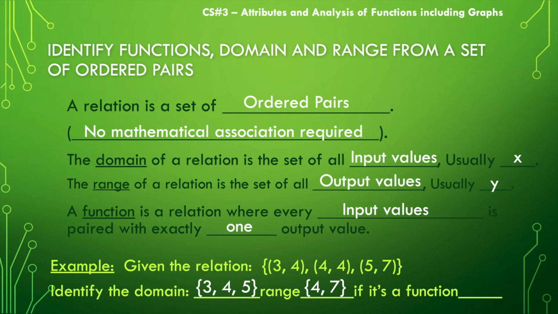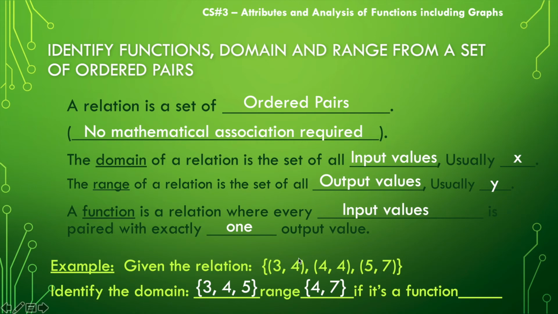When we use those curly braces, all we're doing is having a list of numbers. It's like a shopping list. If you had two recipes that both called for milk, you wouldn't put milk on your grocery list twice. You would just put it there once. And it's the same kind of thing here. Now, we want to know if this is a function. So I look at my input values. Is 3 as an input value paired with anything other than 4?